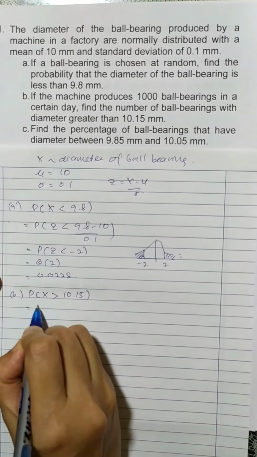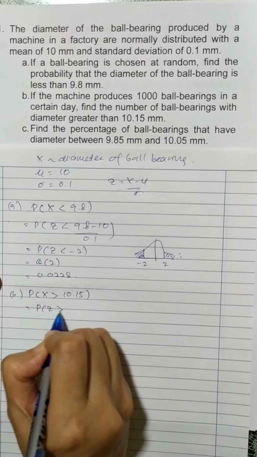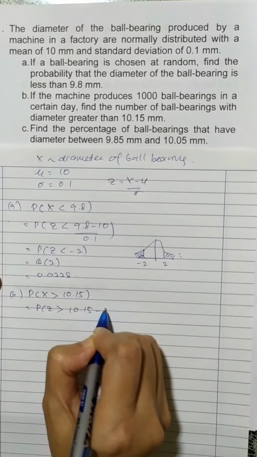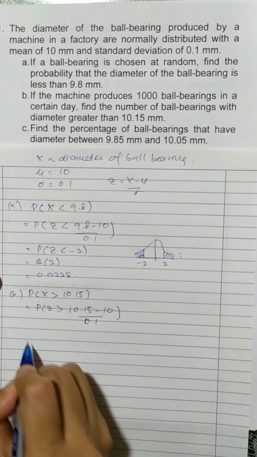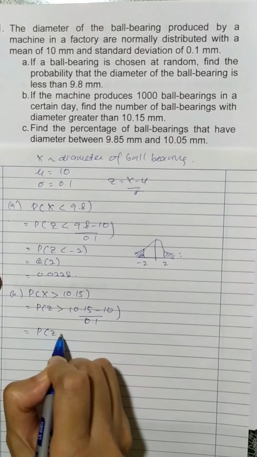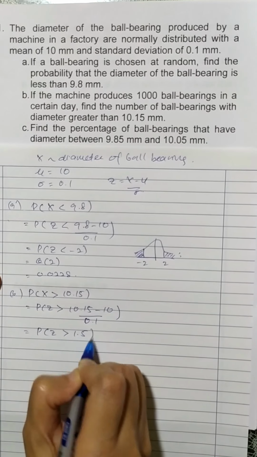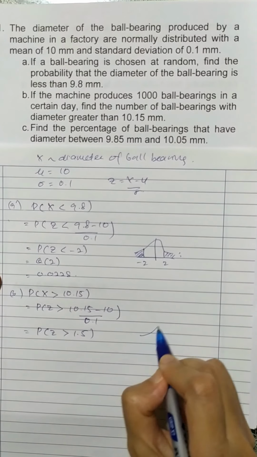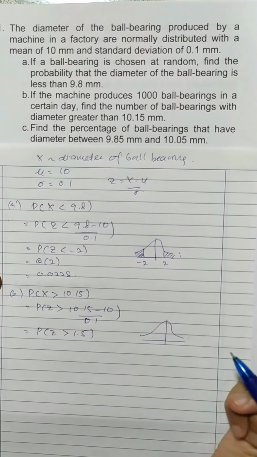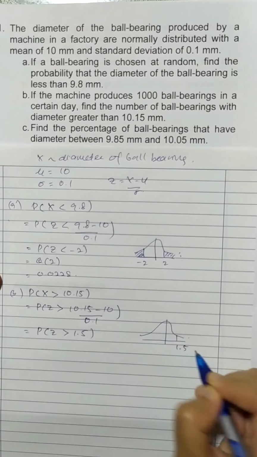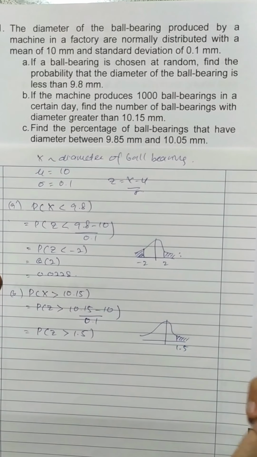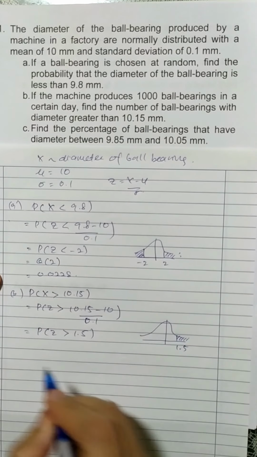Make it standard, so Z more than (10.15 minus 10) over 0.1. Here we get Z more than 1.5. So we draw the normal graph. More than 1.5 is at the right, exactly the upper tail.